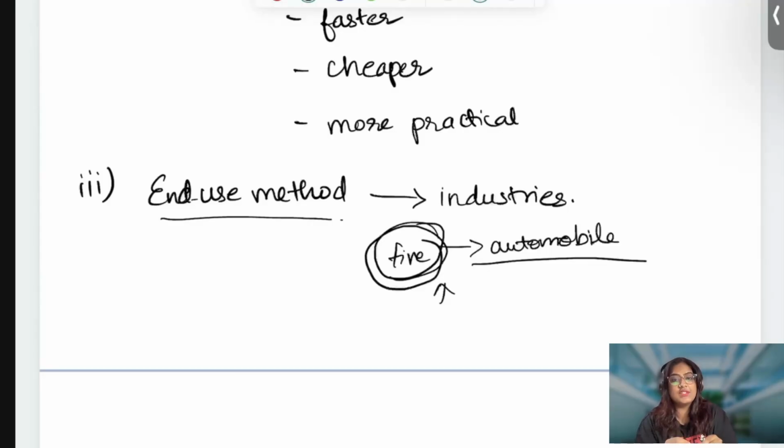But you have to ensure that the sample is the exact representation of the population. The third method is the end-use method, wherein you will be surveying the industries that use your product as an intermediate input. So this is the survey method in demand forecasting.